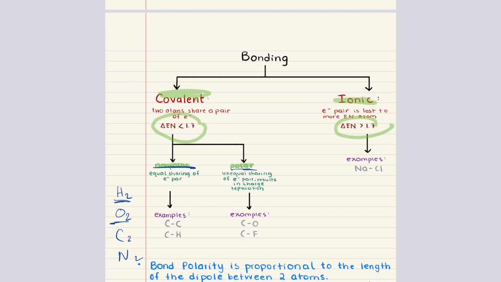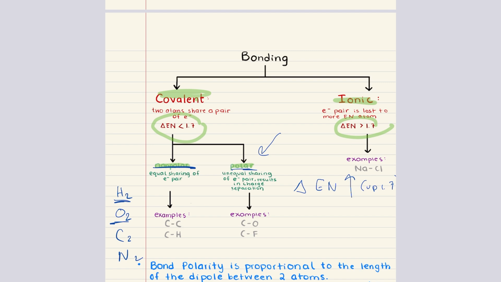A polar covalent bond, on the other hand, occurs when two atoms share electrons unequally, and that causes one atom to pull the electrons closer to itself, creating a partial charge separation. The important takeaway for polar covalent bonds is that as the difference in electronegativity increases within the covalent range, so up to 1.7, the bond becomes increasingly polar.